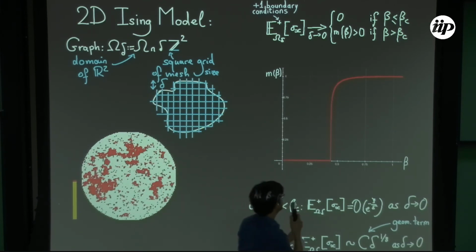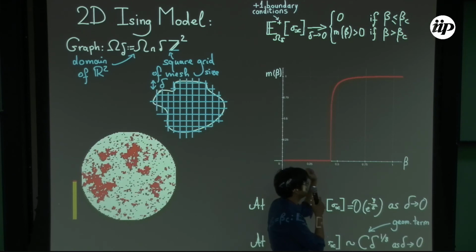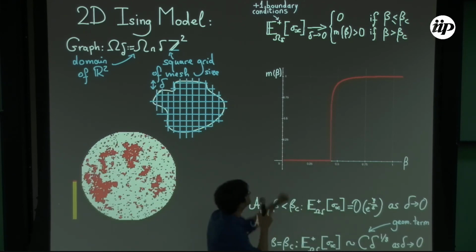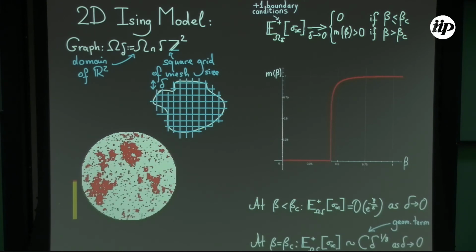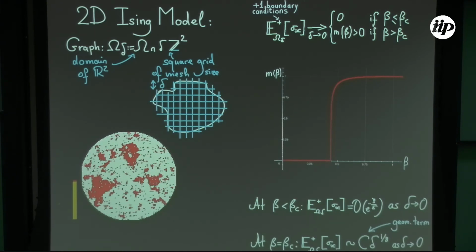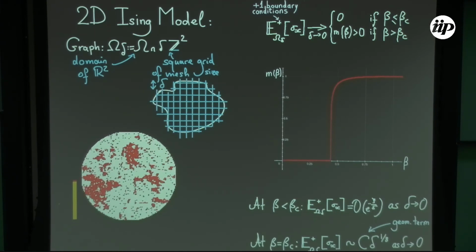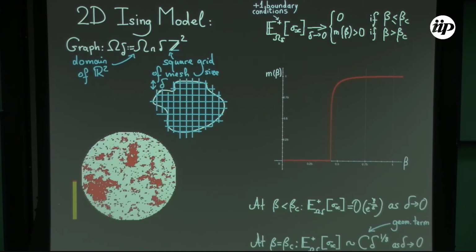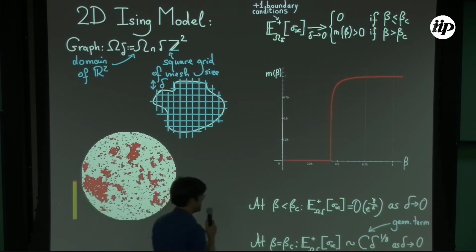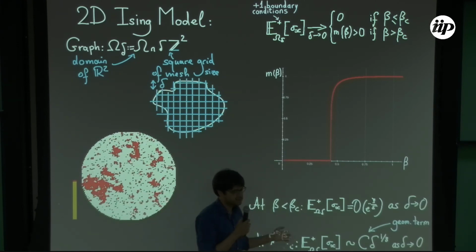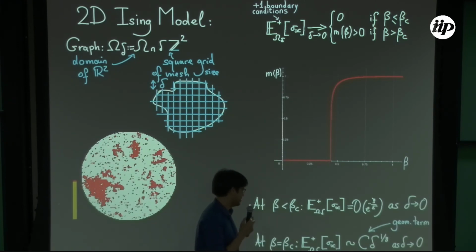Depending on whether you are above or below the critical point, you will get positive magnetization or not. This is quite classical. Below the critical point, you decay exponentially fast, and at the critical point, here's already something that's not quite trivial, you have a power law behavior, as you can expect, but this was not proven until fairly recently.